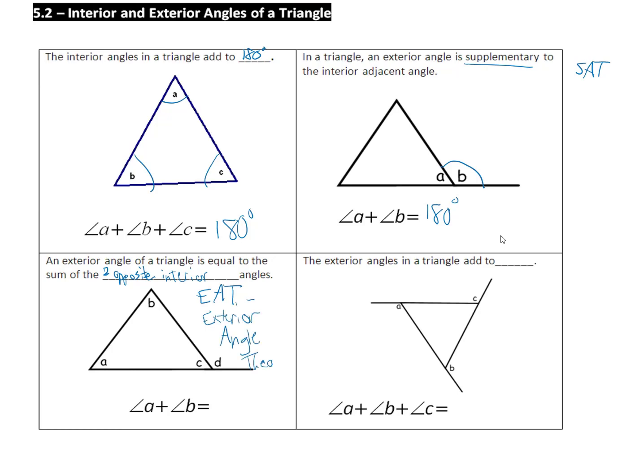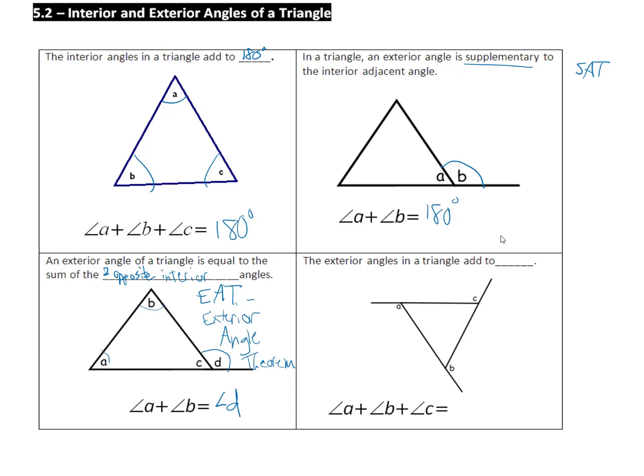Here we have angle A plus angle B is actually just going to equal the same as angle D here, because we know that angle A plus angle B plus angle C equals 180 degrees, but angle C and angle D will also equal 180 degrees.